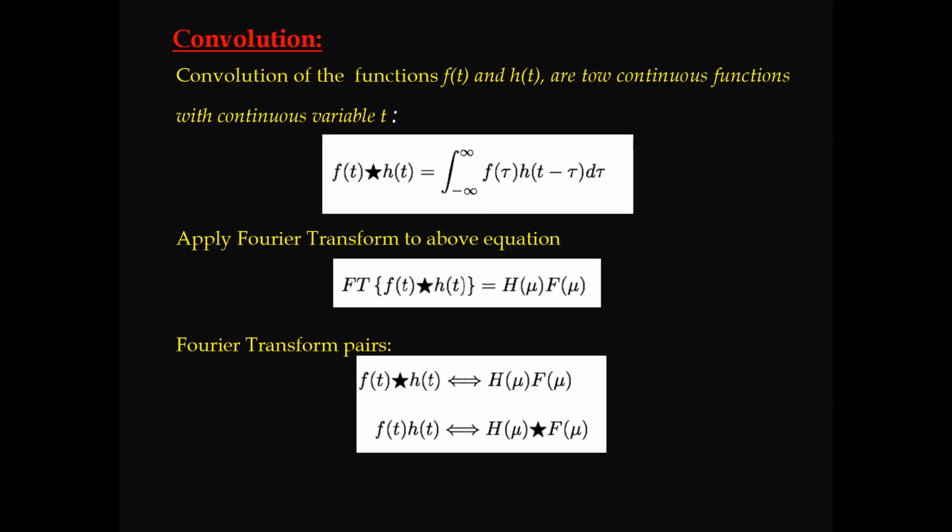What is that relation? If multiplication is present in one domain, in the opposite domain convolution is present. For example, if convolution is present in the time domain, multiplication is present in the frequency domain. If multiplication is present in the time domain, convolution is present in the frequency domain.